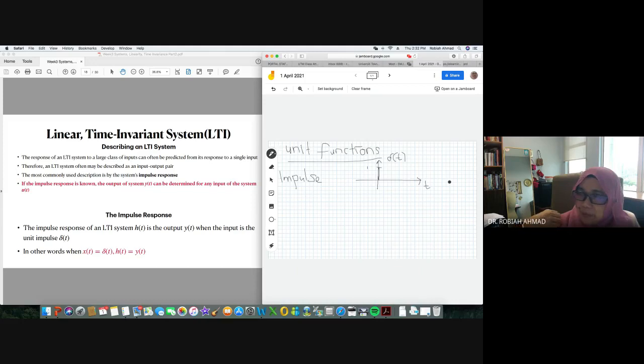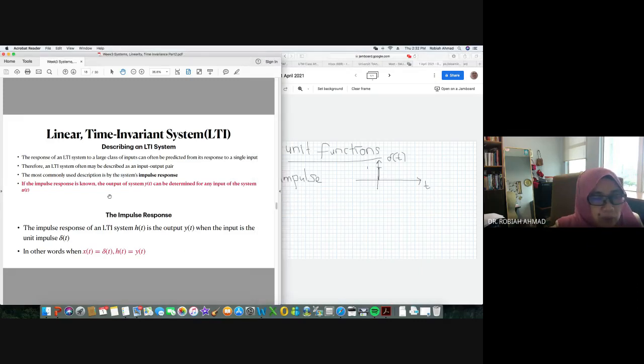Ataupun banyak lagi example, macam sebelum ni saya bagi previous example is a bump jalan, bump, then kita nak tengok the response. So this is impulse. Okay, if the impulse response is known, the output of the system can be determined for any input of the system. Okay, so bila kita tahu impulse di sini, maknanya impulse ni satu.